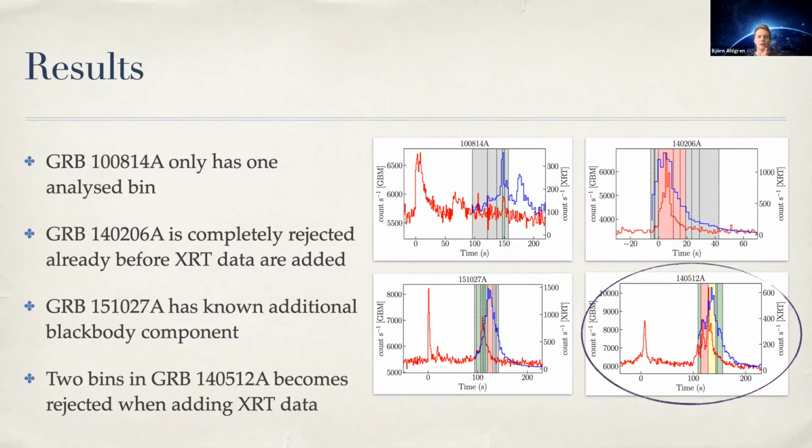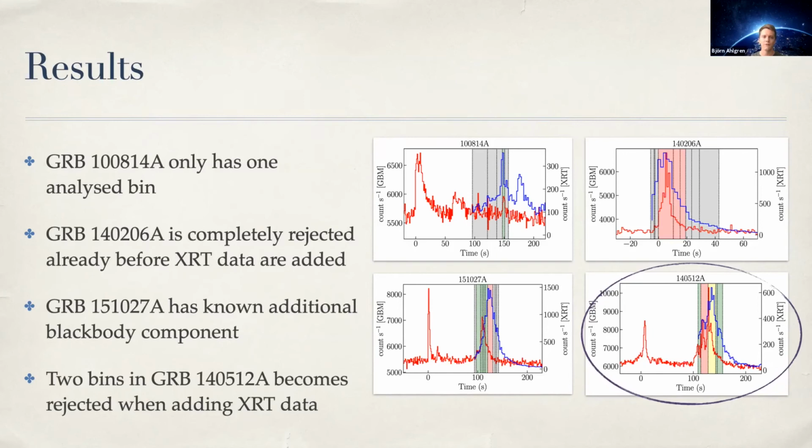But the interesting one is 14.05.12a. It's the only burst that was consistently well described by the model before we added the XRT data. But once the XRT data were added, 2 bins, the 2 brightest bins, were rejected. So this seems like an excellent case to study to determine the impact of the XRT data, what happens.